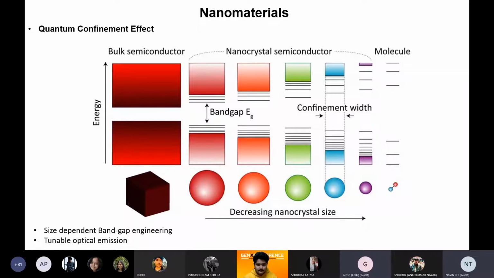So it will go only to a very finite number of available states, and because of this confinement, it majorly loses its energy as radiative power. That means it loses energy with radiation, with emission. So by just tuning the size of the nanomaterial, we can tune the band gap of the semiconductor material, as well as the optical emission that we will get from this material.